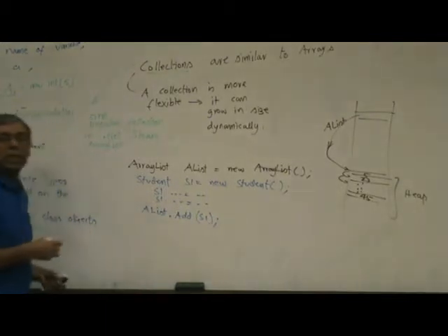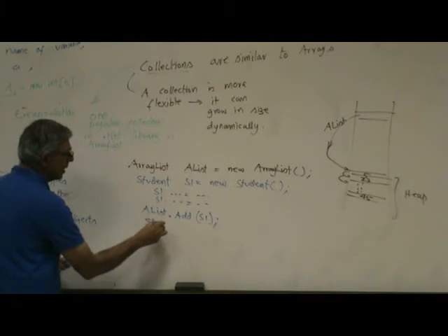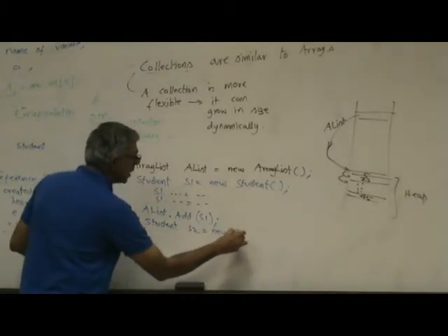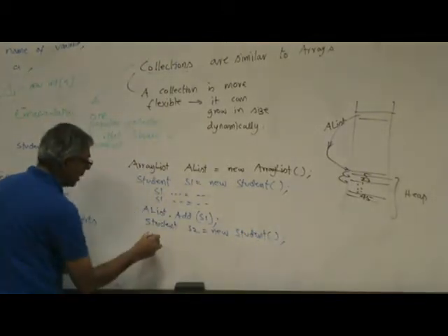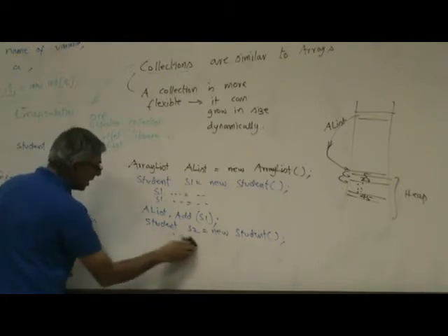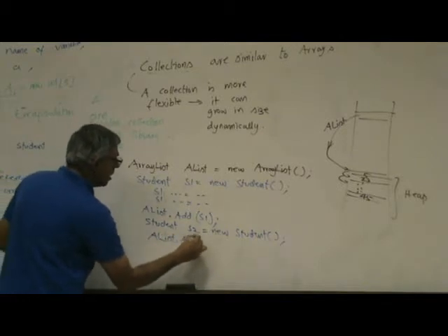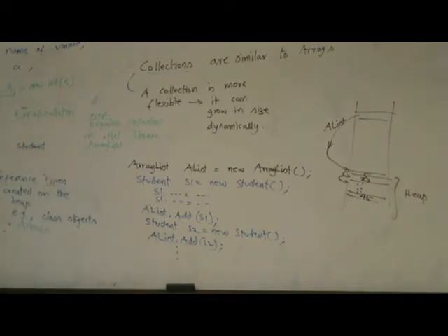So you can store the student in the array list. Very similarly, if you created another student, new student, you can do alist.add S2. So you can add the second student to the list.